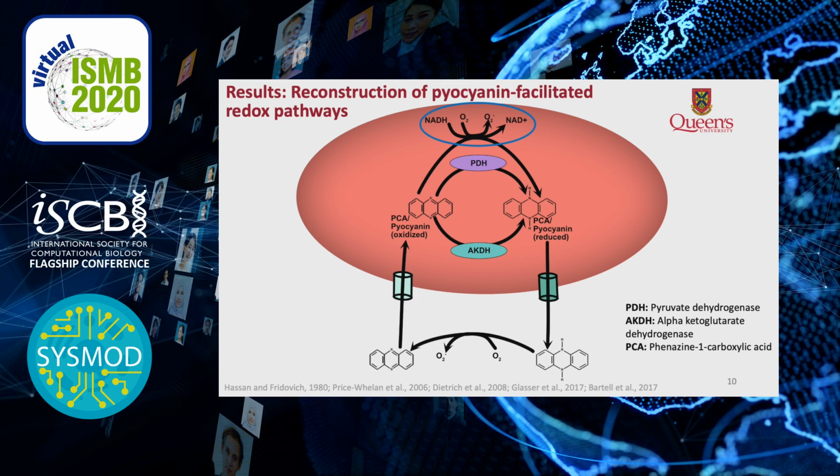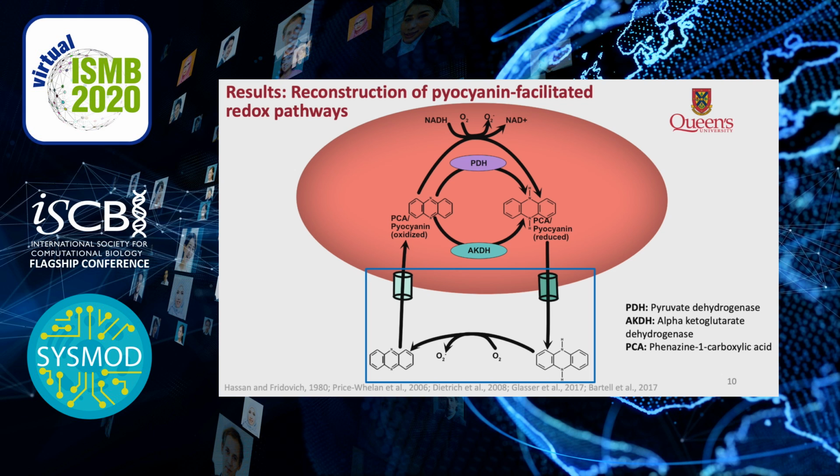NADPH might also be an electron donor, but we are still gathering knowledge for this cofactor. Likewise, studies have shown that pyruvate dehydrogenase and alpha-ketoglutarate dehydrogenase can reduce these phenazines in the presence of their respective substrates. Furthermore, we have also added the reactions representing the extracellular electron shuttle as visualized in the figure.